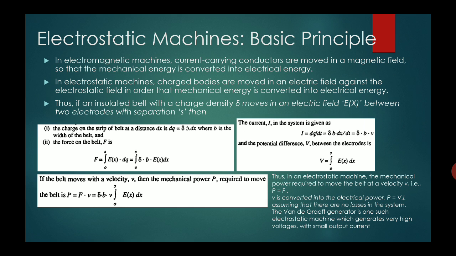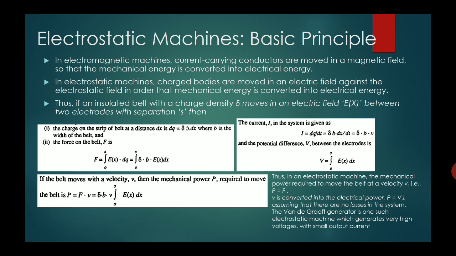Now if the belt has a velocity of v, the mechanical power required to move the belt is equal to F into v, that is delta b v into the integral of E dx. So in order to pass a charge of delta b dx value through a field of E with a velocity of v, we need to apply F amount of force.